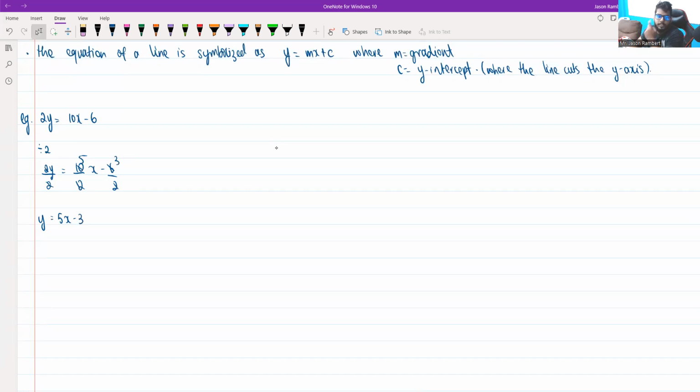Now, there's a statement I would like you all to learn to write at the end of every equation you calculate. It is of the form y is equal to mx plus c, where m is the gradient, which is equal to 5, and c is the y-intercept, which is equal to -3 in this case.